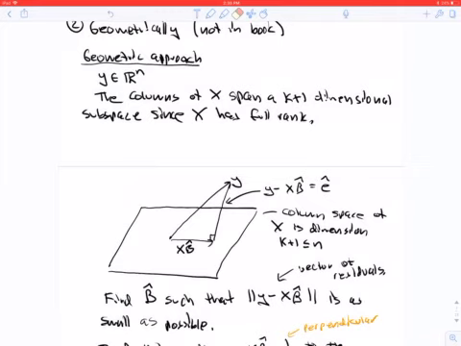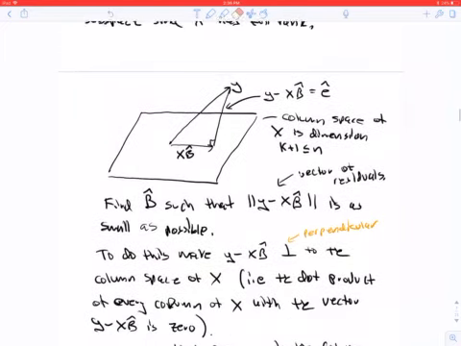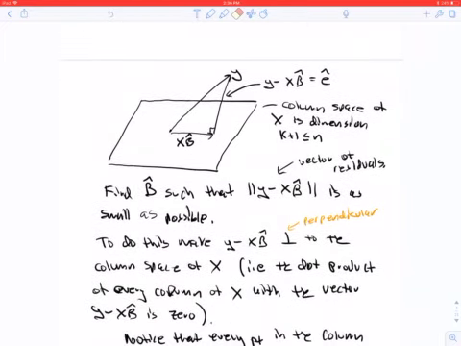So x, our design matrix, has k plus 1 columns, and they span a subspace of Rn. Since x has full rank, I've drawn a picture of that here.